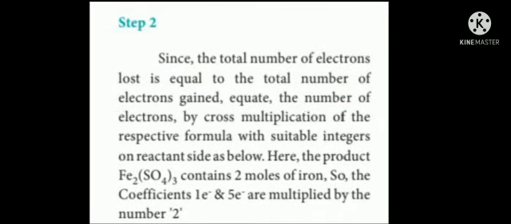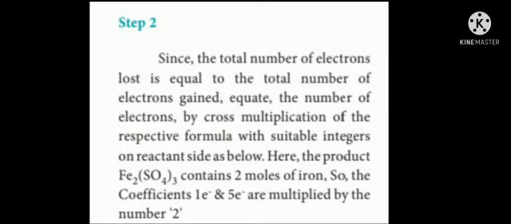Step 2. The total number of electrons lost is equal to the total number of electrons gained. Equate the number of electrons by cross multiplication of the respective formula with suitable integers on the reactant side.